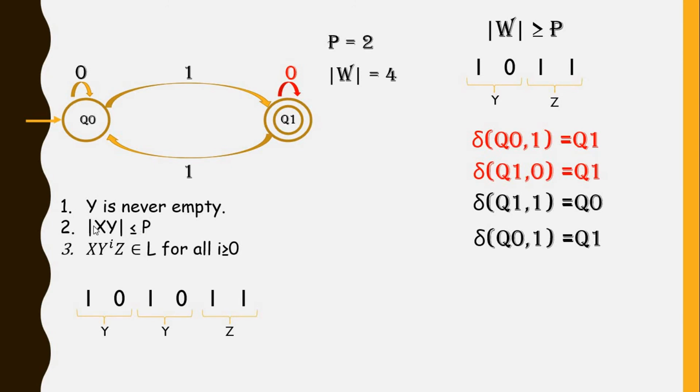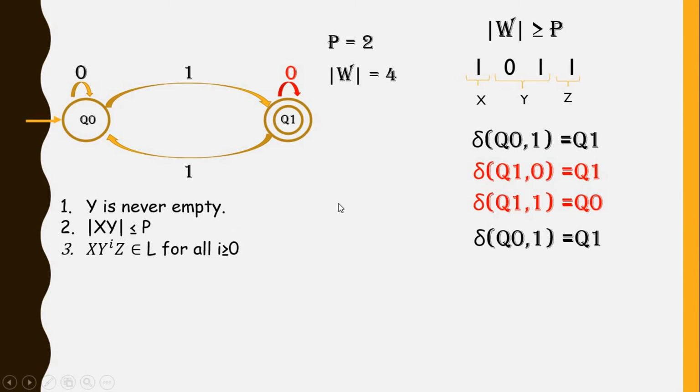We're going to make the length of xy greater than p, like this. In this case, the length of xy is 3, 1, 0, 1, right? The length of xy is 3, which is greater than p, that is 2. So we break this condition.